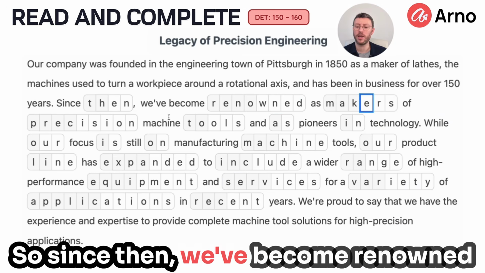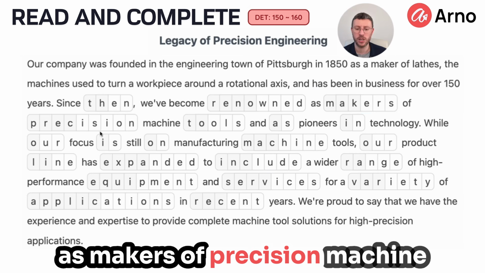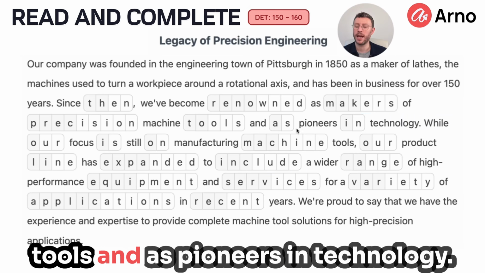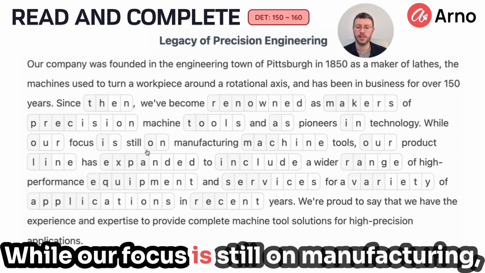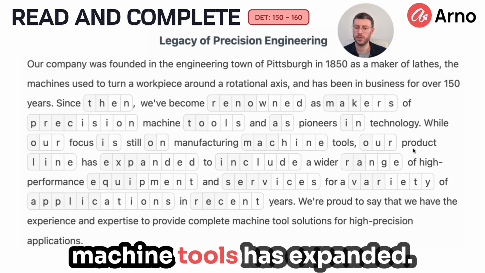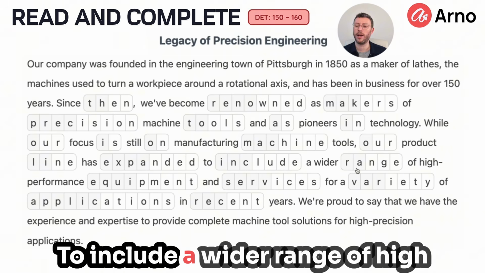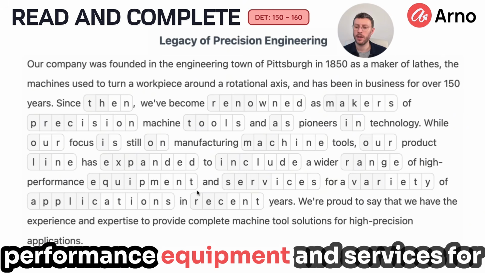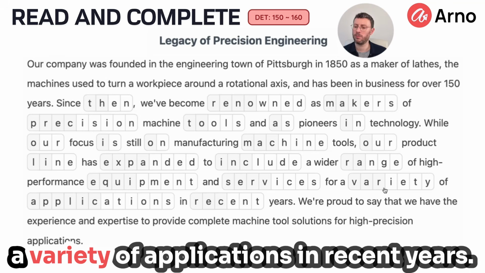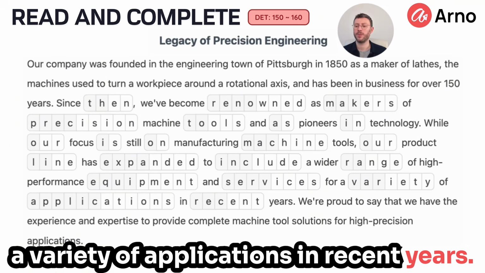So since then, we've become renowned as makers of precision machine tools and as pioneers in technology, while our focus is still on manufacturing machine tools, our product line has expanded to include a wider range of high-performance equipment and services for a variety of applications in recent years.